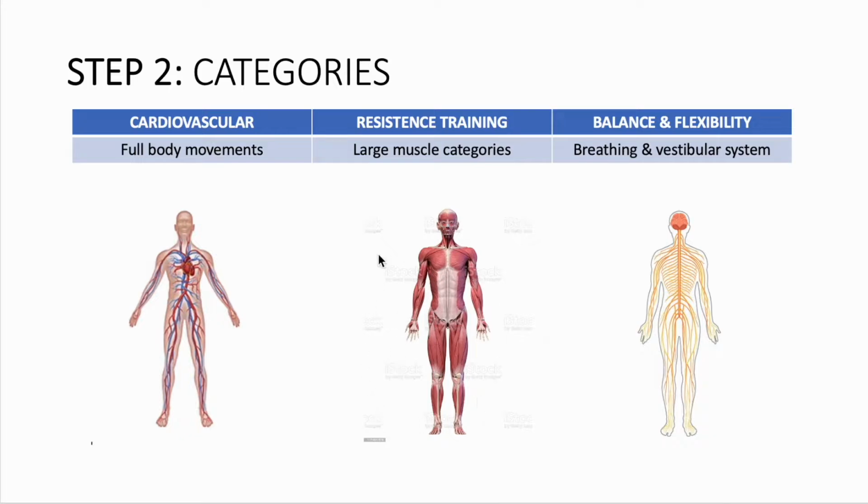In order to be able to move, you have to be able to contract and release the muscles in the body. And the third major category that we have to think about is the nervous system. The nervous system is what is involved in, number one, what we call the vestibular aspect.